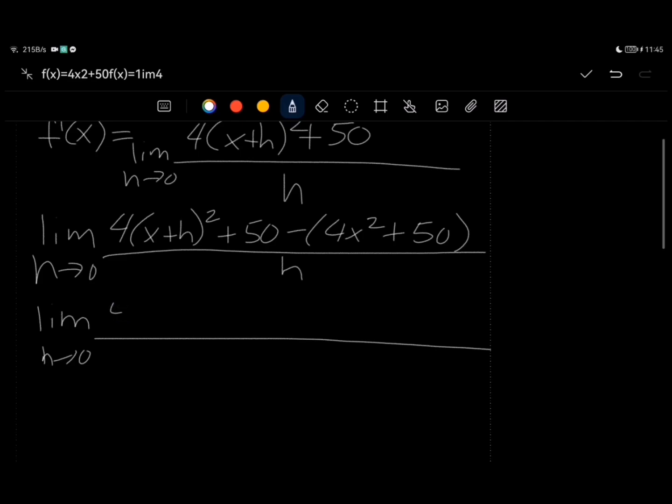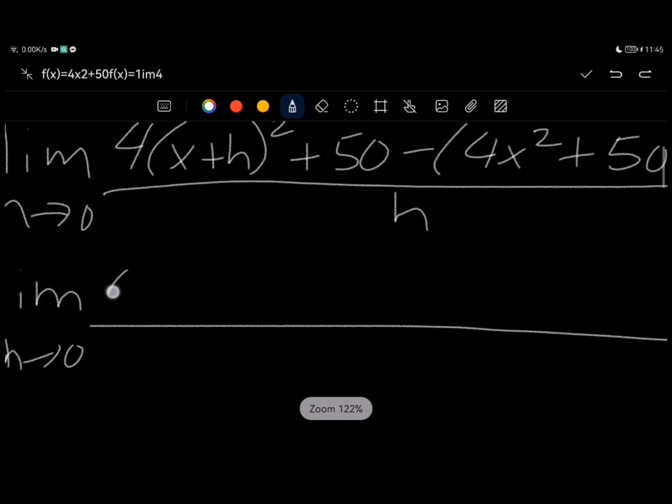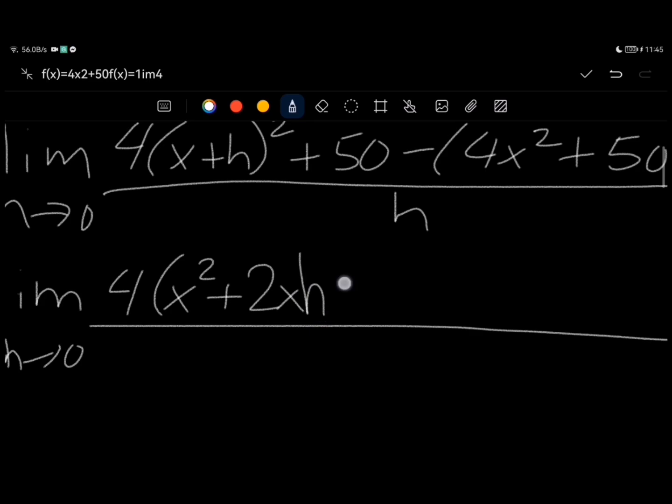So what you need to do is just distribute the exponent to x plus h. So you copy 4, times x squared plus 2xh plus h squared, and close with a parenthesis, and then just copy 50.